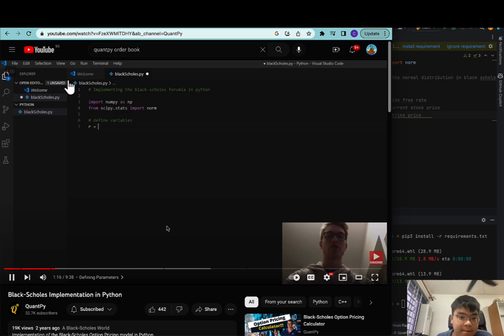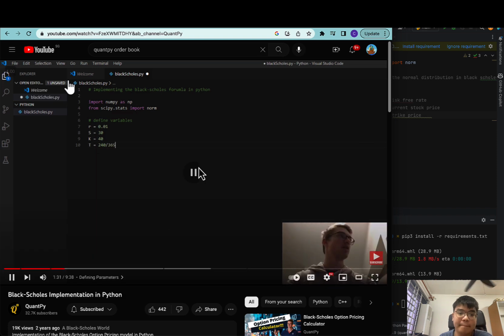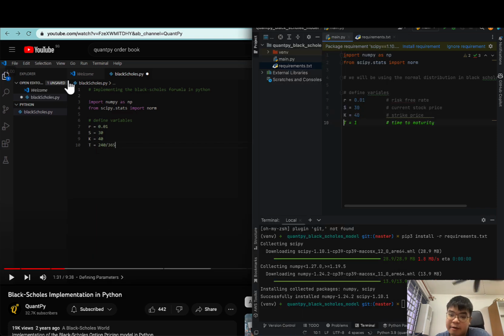So we had our interest rate, which was 1% or 0.01. We have our underlying at $30. Our strike price was 40, and time was 240 days. That's the time to expiry.